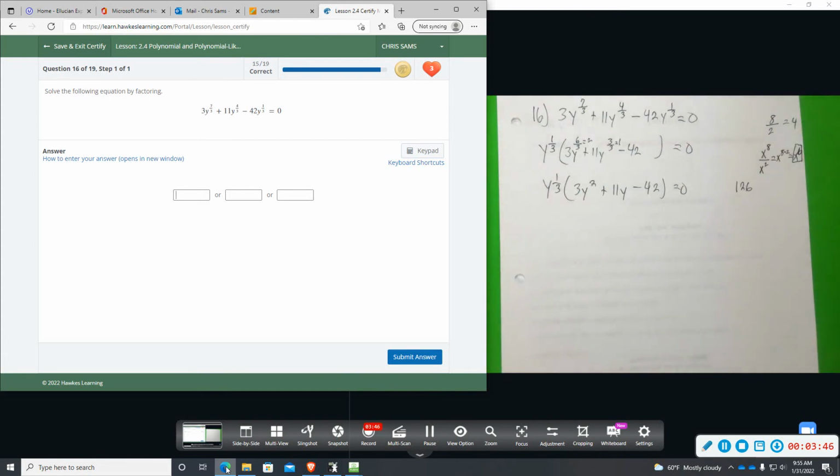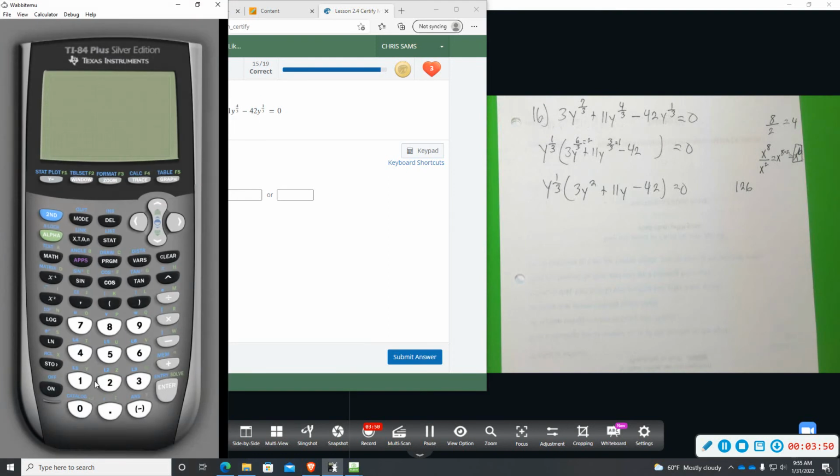Let me just double check all that. Now 126 is a bigger number, so I'm going to let the calculator divide it. So turn this on, 3 times 42, 126. Okay, so I'm going to go to y equal, clear out. I'm going to type 126 divided by x, second table.